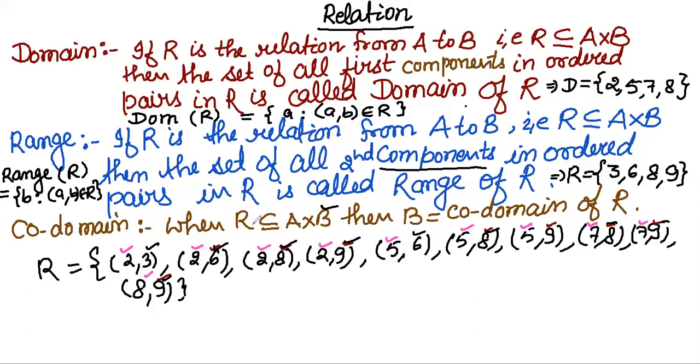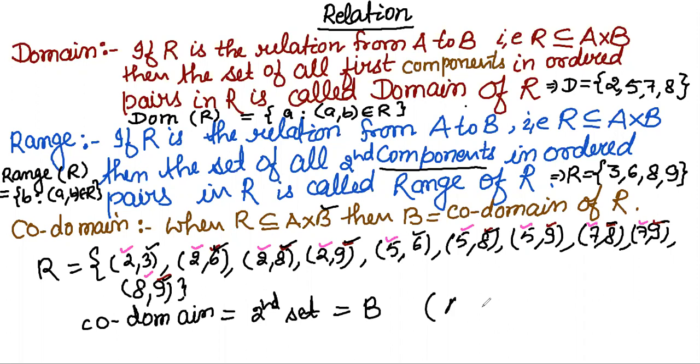Means the second set that we have taken, that was B, is the codomain value, where R is a subset of A cross B. So I hope it is clear what is domain, what is range and what is codomain, because these three are very important parts.